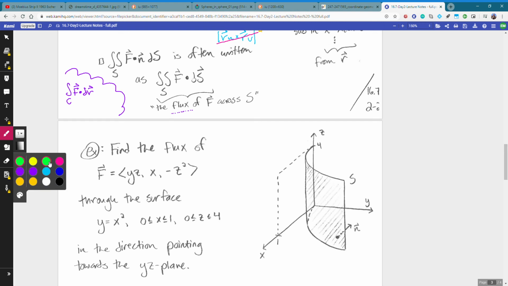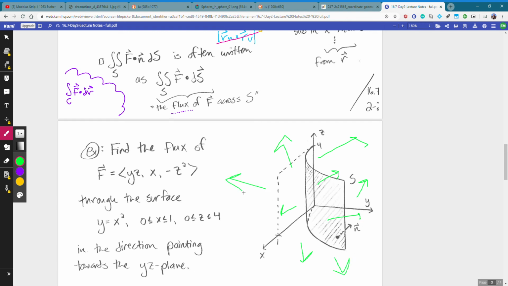We can't see what this looks like, but this vector field is doing something. It has arrows attached to each and every point in 3-space on and off our surface. Those are incredibly accurate sketches of the F vectors.